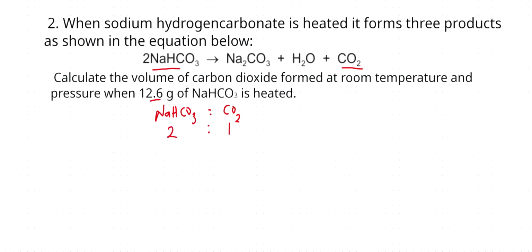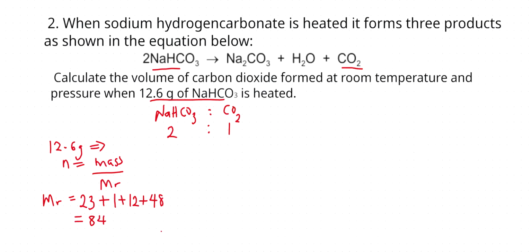So for us to go on with that, we convert this 12.6 gram to moles. Remember, one of the formulas for calculating number of mole is equal to mass divided by the molecular mass. The molecular mass of sodium hydrogen carbonate is 84.